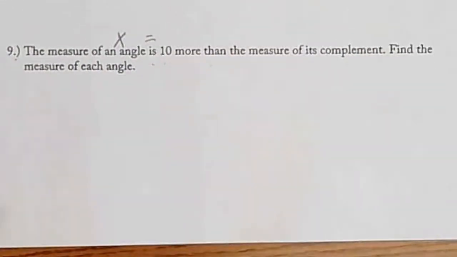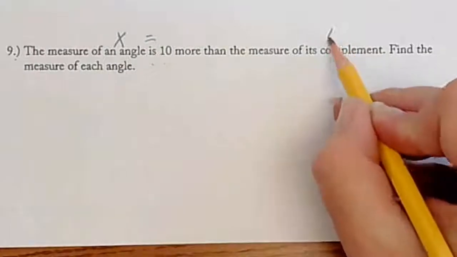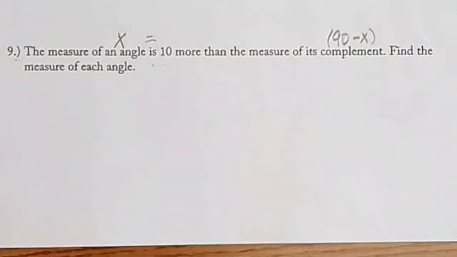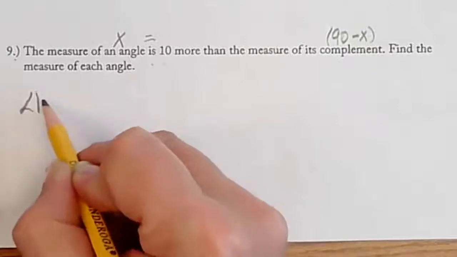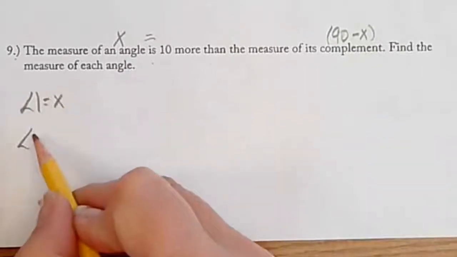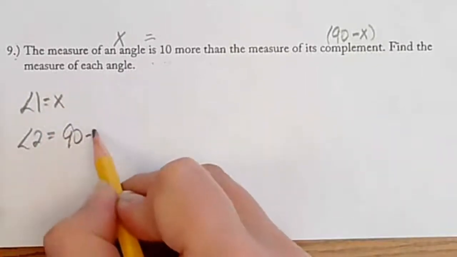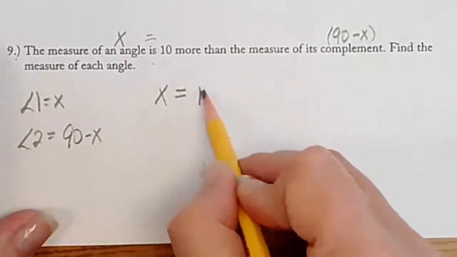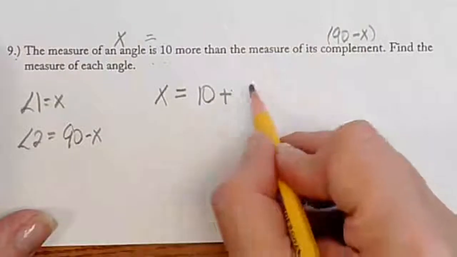My first angle is x, my second angle is 90 minus x, and I know that my angle is 10 more than its complement. Add x to the other side, and my one angle is 50, and the complement is 40.